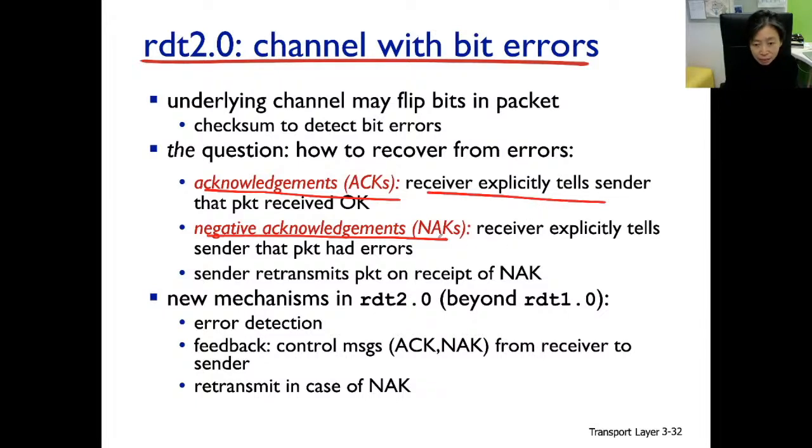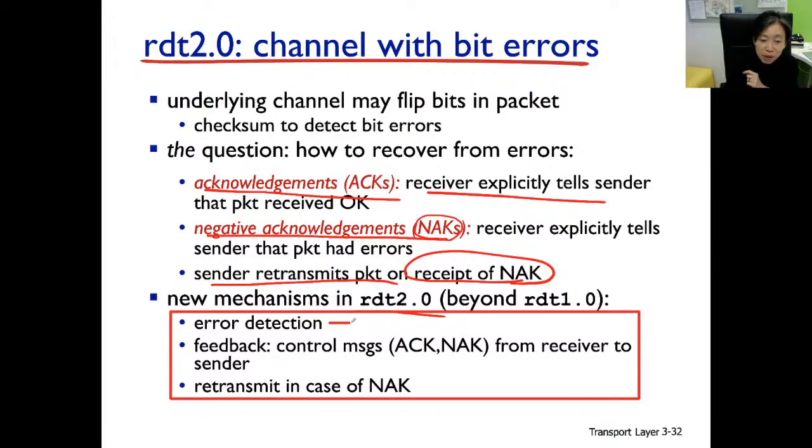And NAK tells the sender something's wrong, and therefore the sender can retransmit the packet. So retransmission of the packet is triggered by the receiving of NAK. This is exactly what's defined in RDT 2.0. So let me stress, there's first, detecting error, second, sending back of the feedback from the receiver, and then retransmission of the packet coming from the sender in case negative acknowledgement is received.